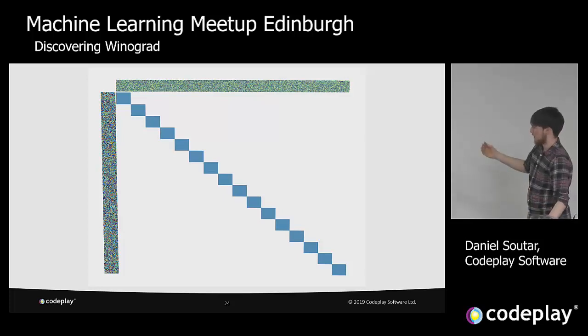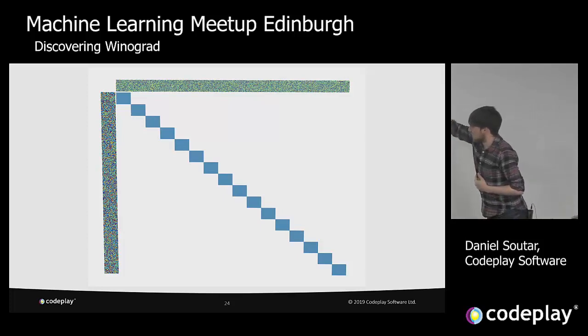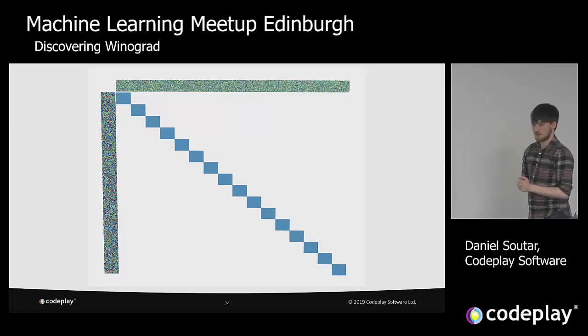But with a 3 by 3 filter and an input of depth 3, as is the case with an RGB image, the actual width of the input block and the height of the filter block are only 3. So there's a tiny amount of computation, and the overhead of these transforms, turning it into this and back from this, is comparatively speaking quite high.